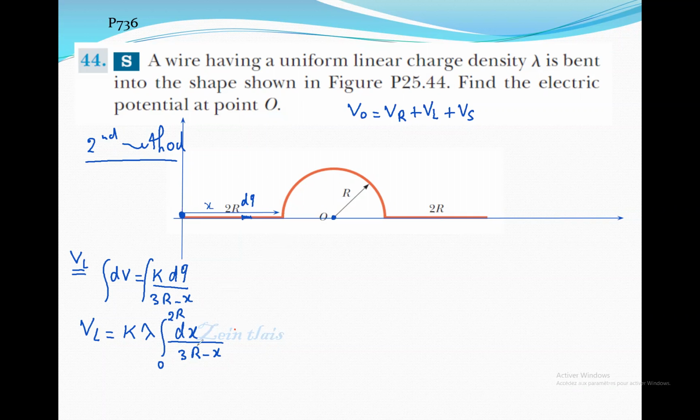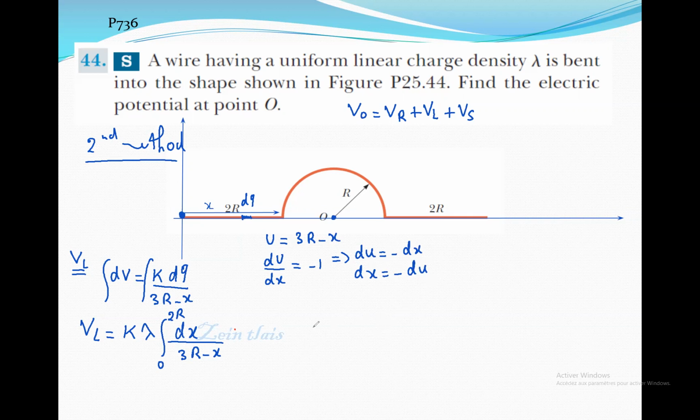To calculate this integral, you take u equals 3r minus x. du over dx equals minus 1. So you can say du equals minus dx, or dx equals minus du.